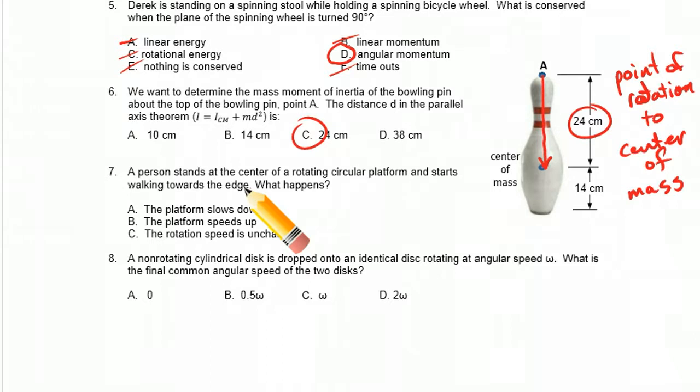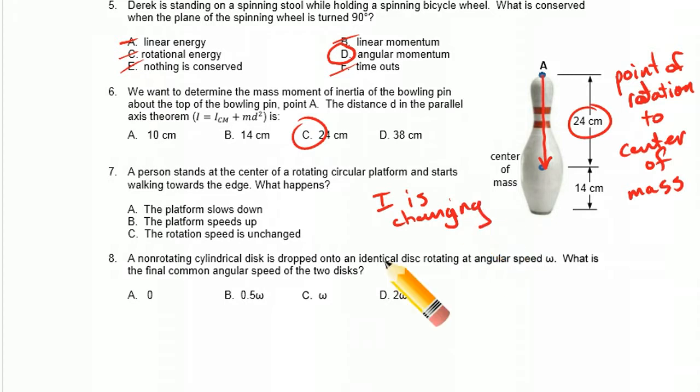A person standing at the center of a rotating circular platform starts walking towards the edge. We had a merry-go-round example here. What happens? Does the platform slow down, speed up, or have the same rotational speed? What's changing is I, and we have conservation of angular momentum.